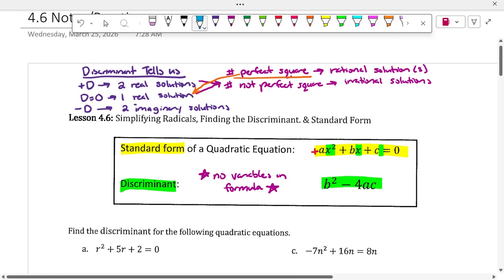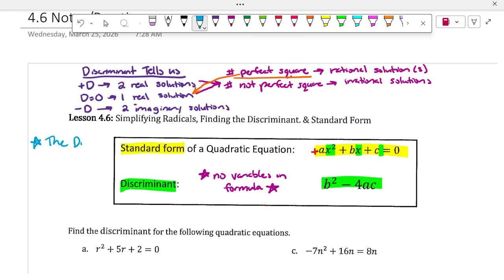And once again, I would make this note: the discriminant formula does not, emphasis on not, solve quadratic equations.